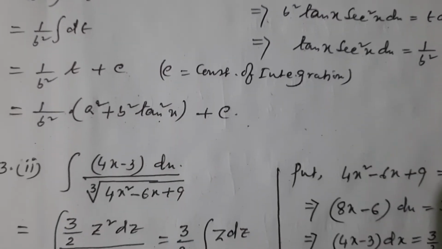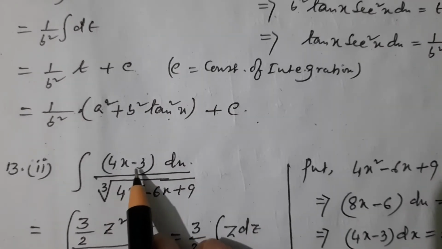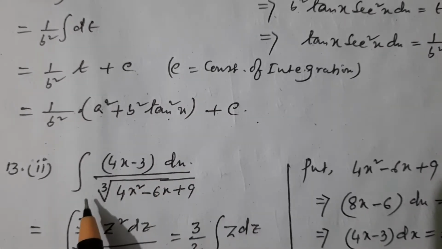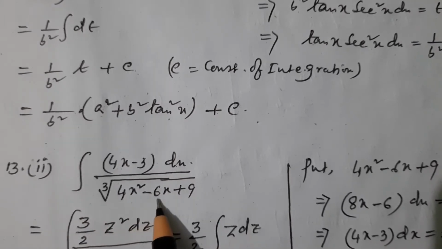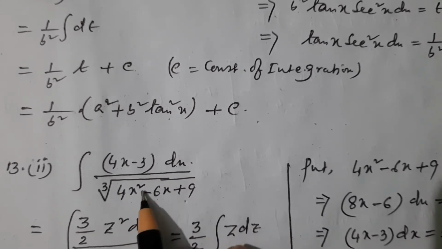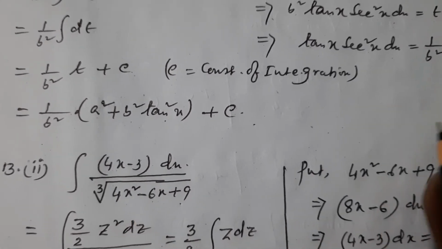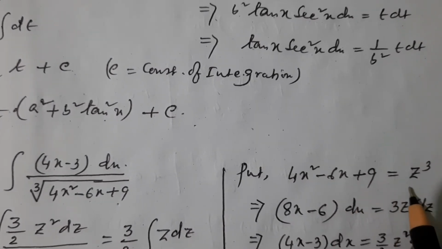Next, question 13, part 2. Integration of 4x minus 3 dx by cube root of 4x square minus 6x plus 9. Here we substitute: put 4x square minus 6x plus 9 equal to z cube.